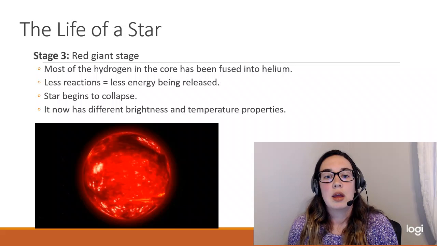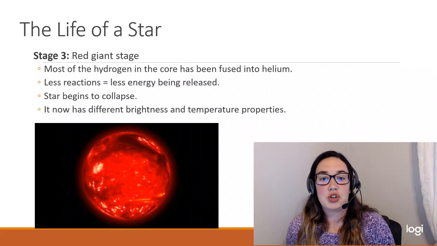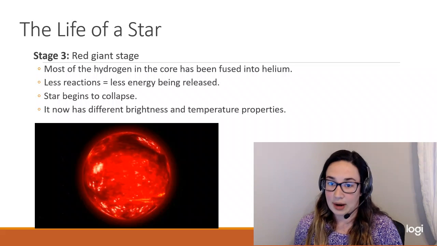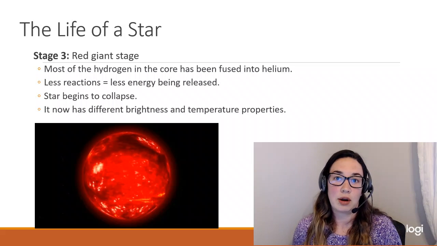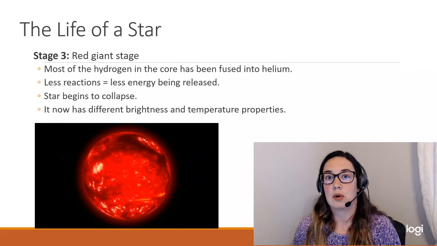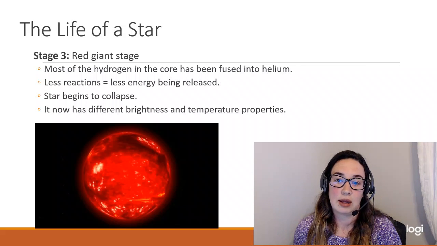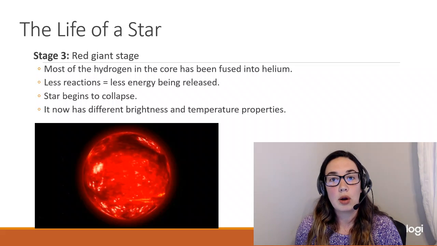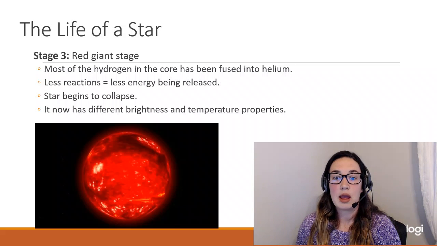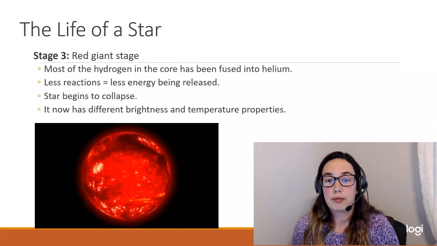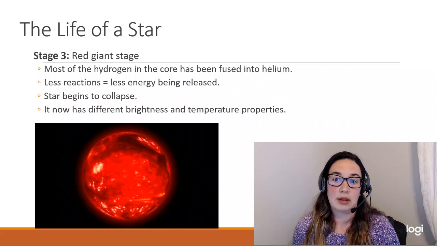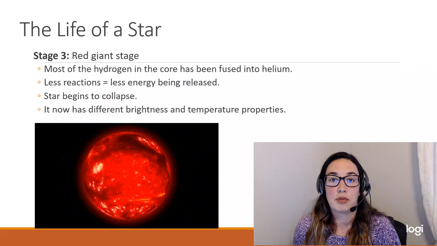Okay. So most of the hydrogen in the core of a red giant has already been fused into helium. So all of those hydrogen atoms have been fused into helium nuclei. There are fewer reactions happening, and therefore there's less energy being released because there are not as many free hydrogen atoms.